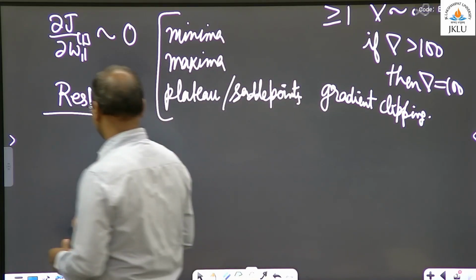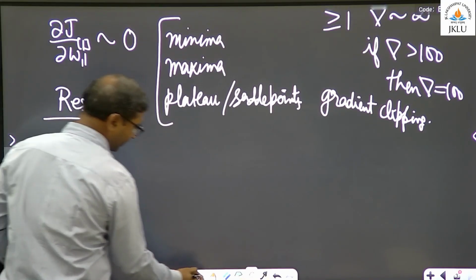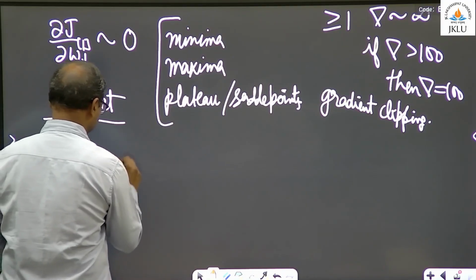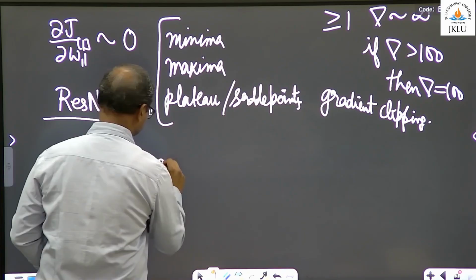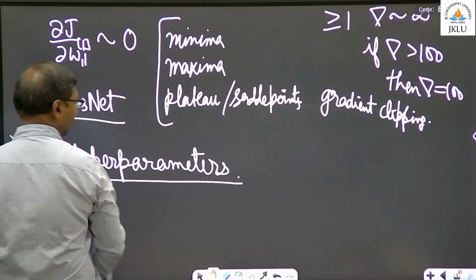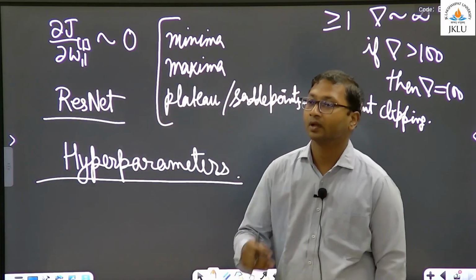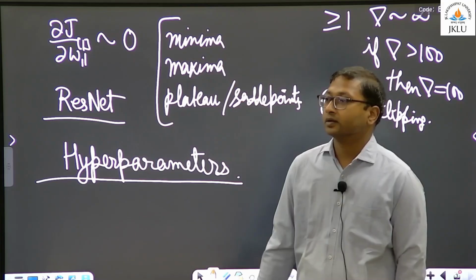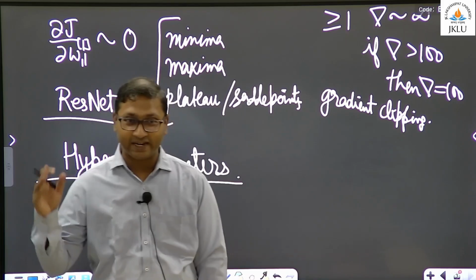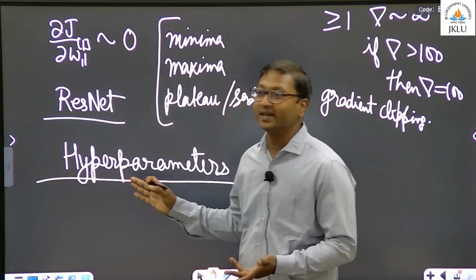So if you had not asked this question, maybe for 5 minutes, I had written hyperparameters. So can anyone help me? So he is right, it's your choice how many layers you want to have.